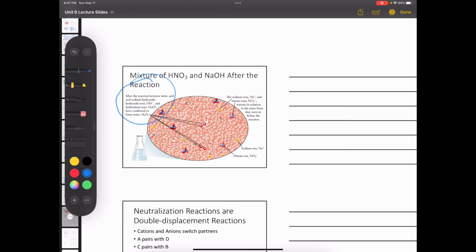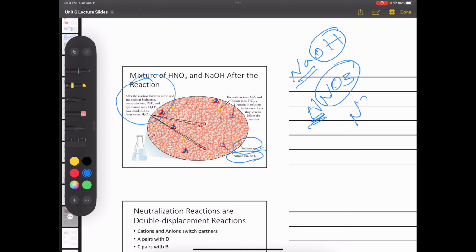You have the sodium ions, which come from NaOH, and that's where the OH is coming from. And you have the HNO3, that's where the hydronium is coming from, and this is where the nitrate ion is coming from. So you have NO3 negative, and you have the sodium cations also coming from the NaOH.